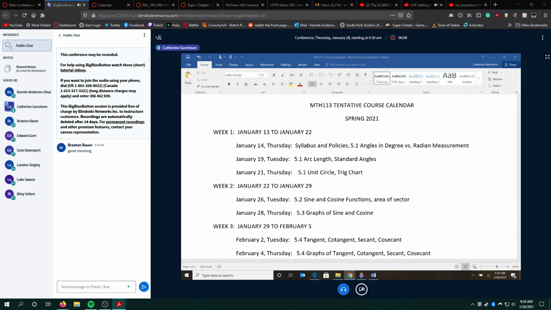things, just a quick business part of what's due, assignments and all, and where we are in the course. So we're just completing the second week, and we have covered all about angles being measured in degrees and radians, and we've studied arc length, the length of the arc, and standard angles, the unit circle, and the trig tables, the trig chart of the trig table.